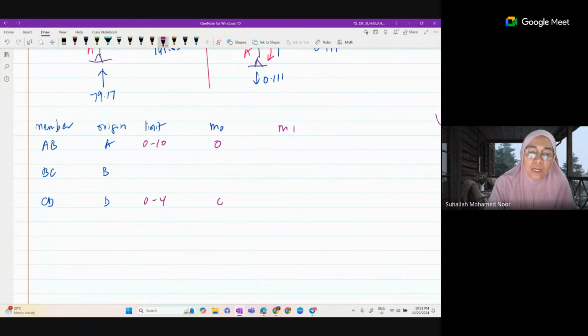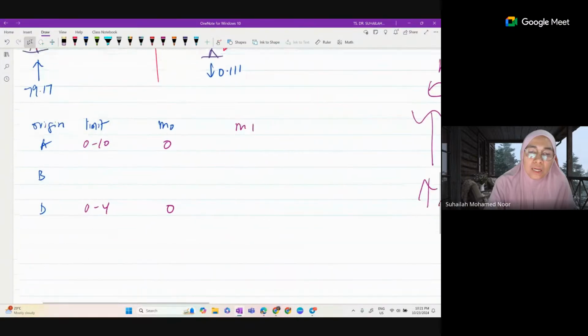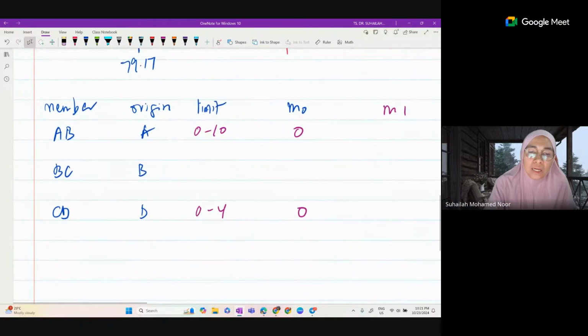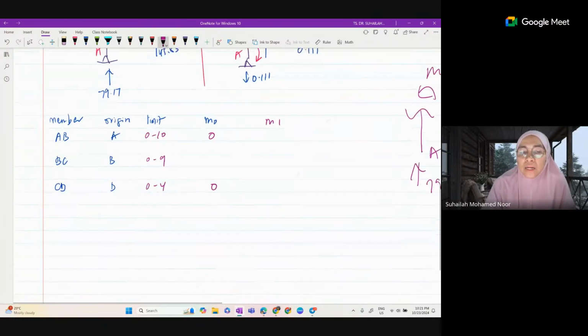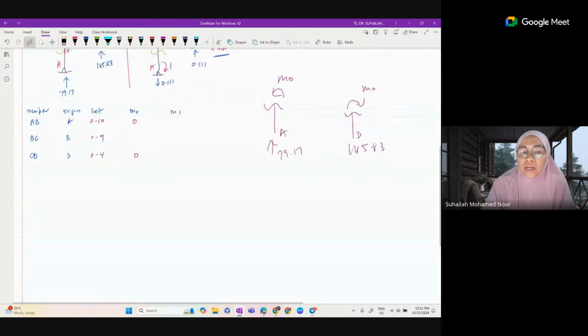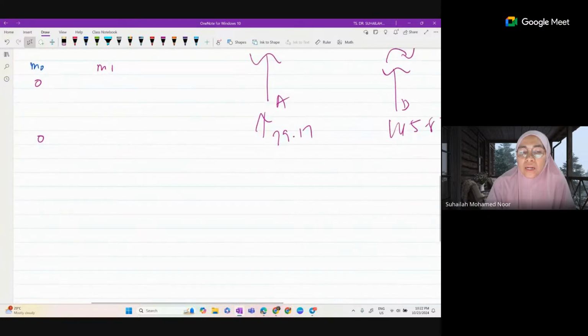It is also 0. Okay. For BC origin B, it is 0 to 9. Okay, kenapa dia 0 to 9? Sebab pada origin X is equal to 0.